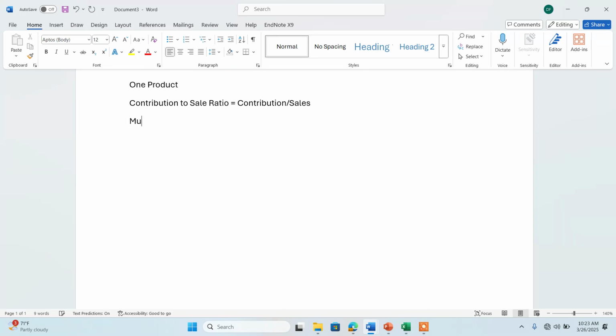Now we are focusing on multiple products. If we are calculating the contribution to sale ratio for multiple products, then we need to consider all three products according to the weight assigned to those units.